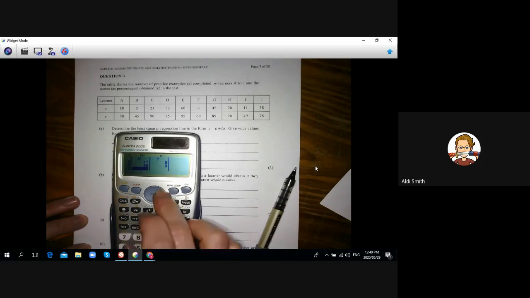And like I said, enter the X values quickly, that's fine. But when you go back to put in the corresponding Y values, just check those X values, make sure it's accurate.